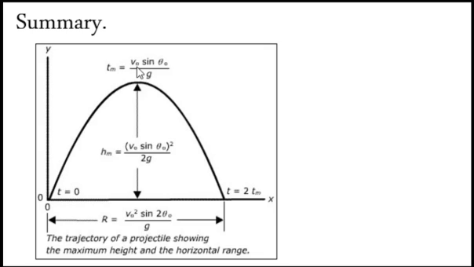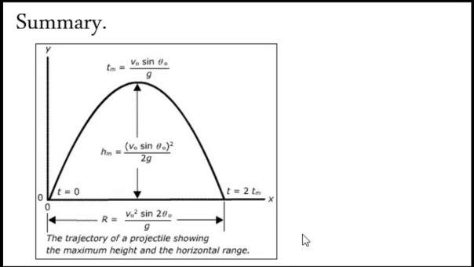Then range is U square sin 2 theta over G. And we have time of flight to be 2 times T, and that will be T equals 2U sin theta over G. So these are the equations we have derived.